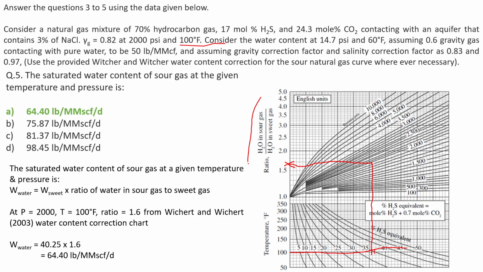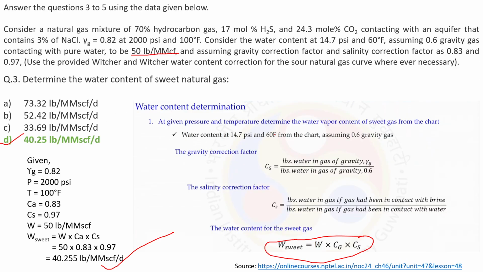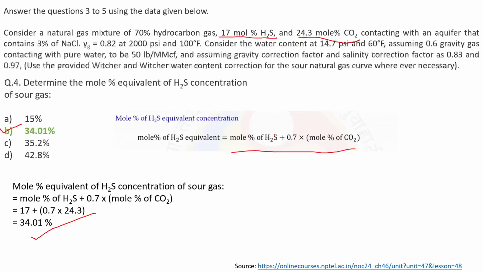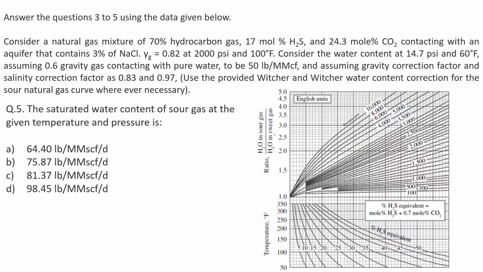Now we know the ratio, and we have to find the water content of the sour gas. For that, we also need the value of the H2O in sweet gas, which we have already calculated, that is the water content of the sweet gas. That is 40.25.